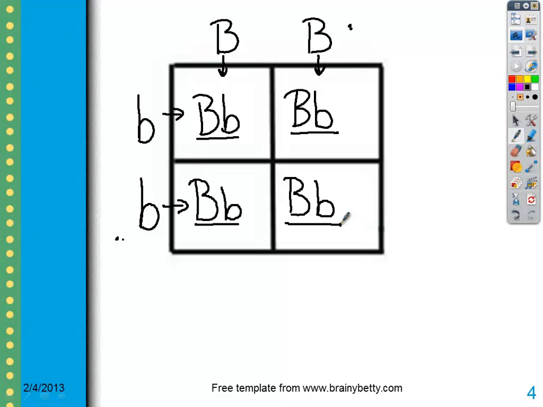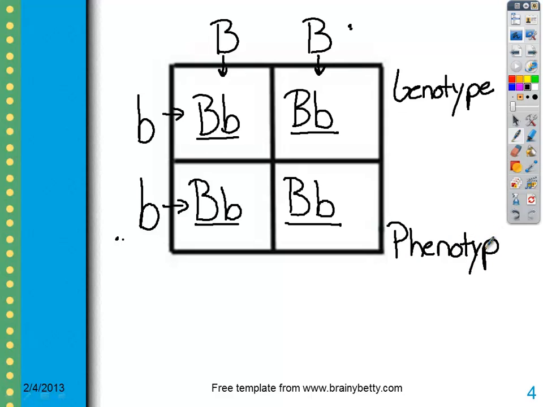So, when you're doing Punnett squares, a lot of times you're going to be asked for a genotype, or you might be asked for a phenotype. Now remember what I told you in the last lecture, that when you're asked for a genotype, you need to give letters, and when you're asked for a phenotype, it should be words. So, we're going to represent these probabilities as a percentage.